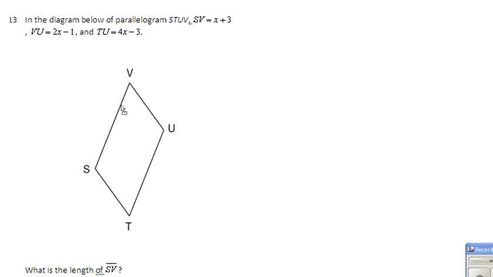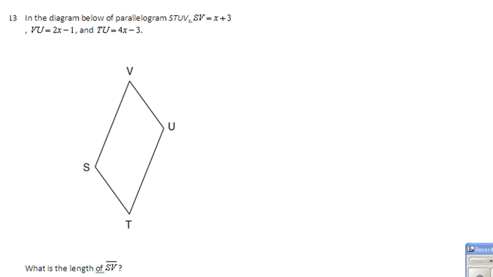Now in this question, here we have parallelogram. That means one of the properties that we realize is the opposite sides are congruent. Then it says SV is equal to x plus 3. That means whatever comes out on the other side must be also equal to each other.